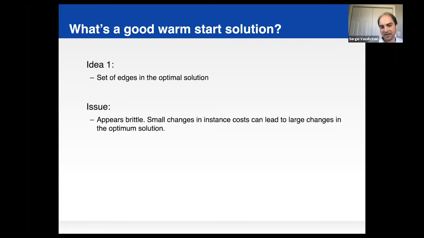Now, this is not a formal statement, but if you start thinking about this direction, this set of edges appears quite brittle, in that I can change the instance weights in a very small fashion, and this primal solution, the set of edges in the optimal solution, changes quite drastically. And so this, at least intuitively, makes you question whether this is the right way to warm up a max weight perfect matching algorithm.